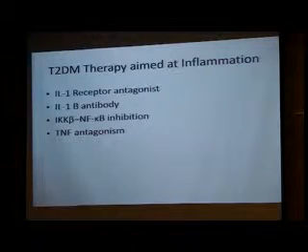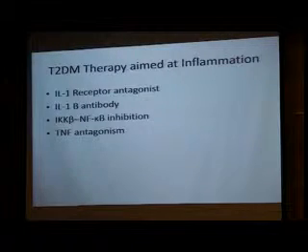The second one is IL-1 beta antibody, which directly attaches to IL-1 and prevents its further pro-inflammatory action. The third pathway is IKK beta, NF-kappa B. If that is inhibited, the pro-inflammatory pathway can be arrested to some extent. And the fourth one I showed, TNF is secreted from macrophages in the adipose tissue, so TNF antagonism.